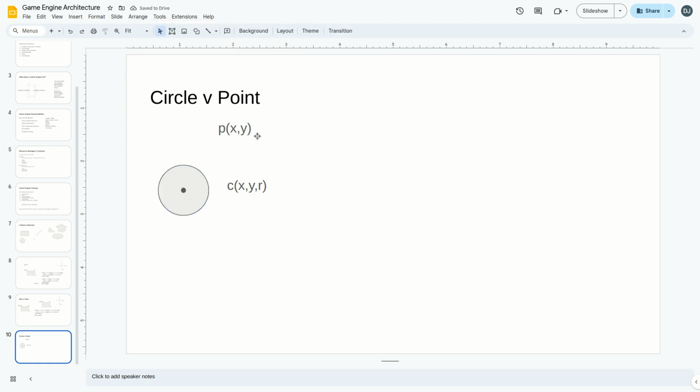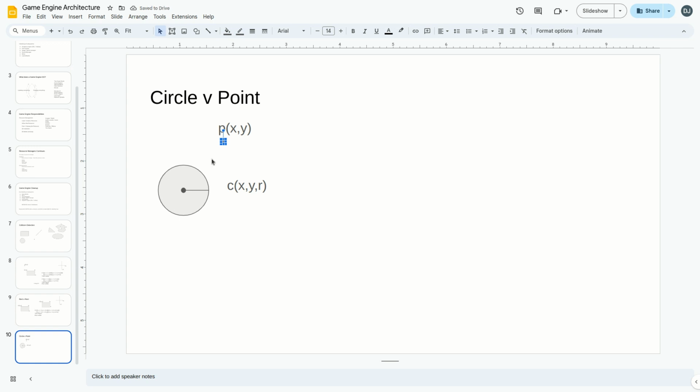So this is the x and y, and then we have radius r there. So this is the position, and this is the radius. That describes a circle. A circle would have an x and a y and an r. Now we want to determine if the point is inside the circle.